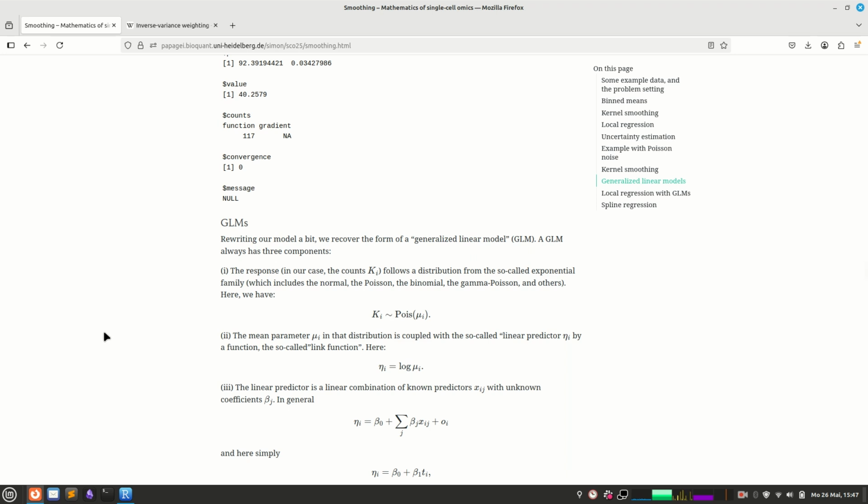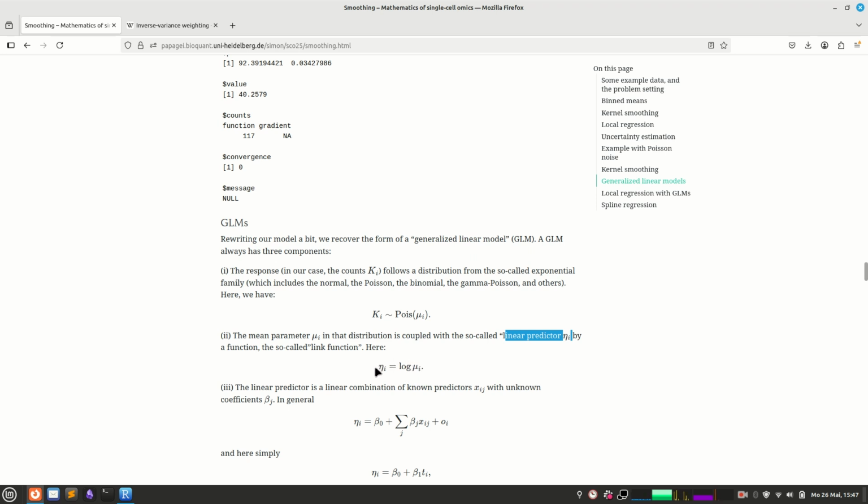And in general, you always specify a distribution with one parameter, and you say my response follows this distribution around this mean parameter. Second, you say that the mean parameter depends on a linear predictor by a link function. In our case, we say the linear predictor is the log of the mean.